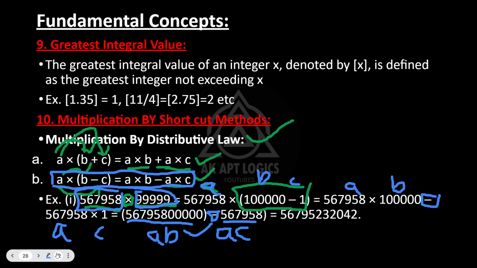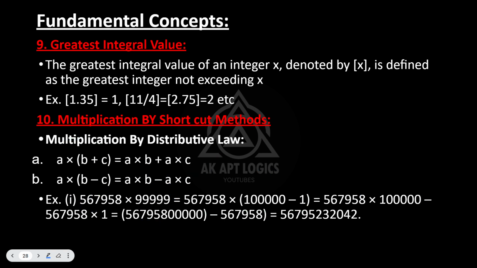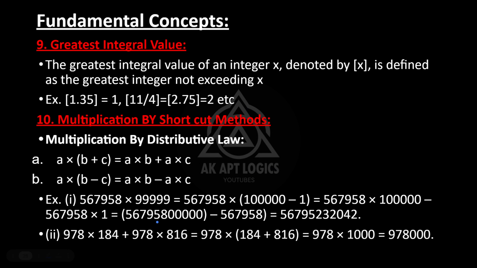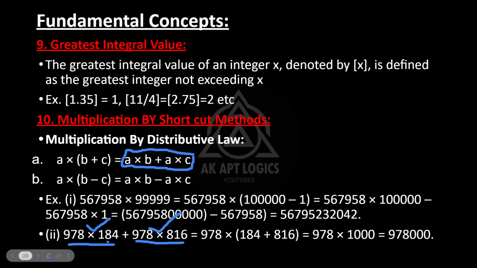Let us see another example. They have given 978 into 184, plus 978 into 816. So it is in the form of this, right? Rather than doing a three-digit multiplication two times and adding them, it is better to multiply once. So we have to think very wisely.